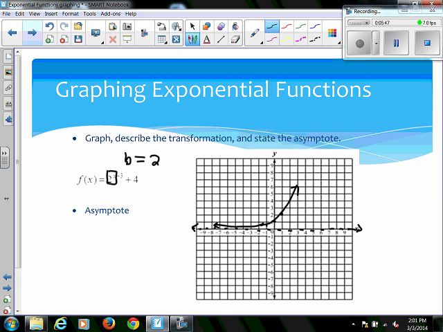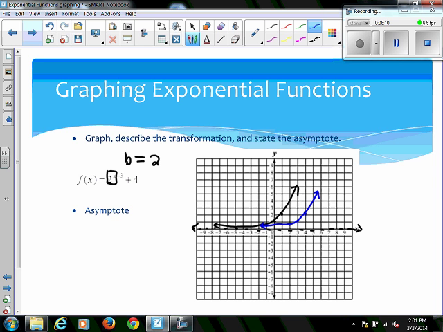Now I have subtract 3. That's going to be a horizontal shift right 3 units. So I'm going to move all 3 of my points right 3 units. My asymptote is still the same. It hasn't changed.